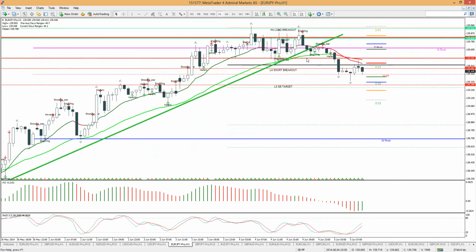Let's see, what do we got going here? Well, we have a break of that trend line, resistance at the daily and monthly, but price didn't even hook back that far. Break of the trend line, stopping already at the DS1 and finding some downside.